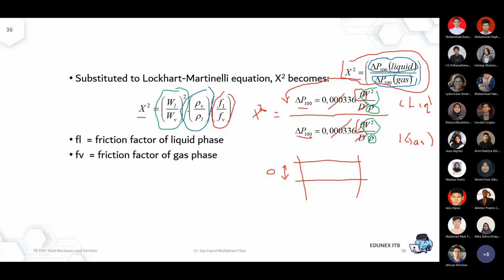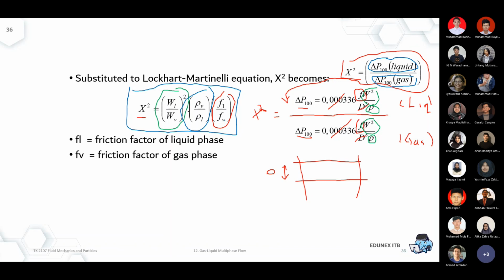It doesn't have to be up until the delta P 100 calculation, the bar pressure drop in those segments, because using the simplification, now we can calculate the x square based on this ratio: the mass rate of the liquid per mass rate of the vapor square, multiplied by the density of the vapor divided by the density of the liquid, divided by the F for pure liquid per F for pure vapor.